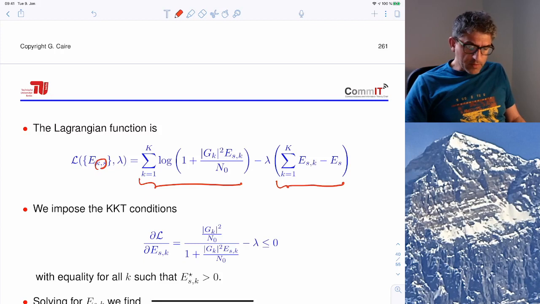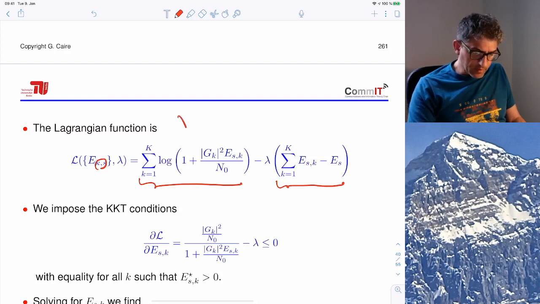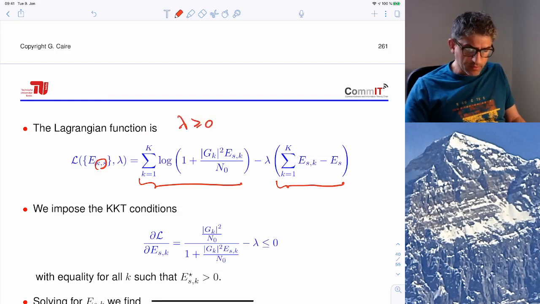So we want to maximize with respect to the energies, but in order to impose the constraint, we will also minimize with respect to lambda, with the condition lambda greater or equal than 0. Lambda is greater or equal than 0 because when the constraint is violated, so when this sum is bigger than the constraint, then the minimization with respect to lambda simply lets lambda go to infinity.